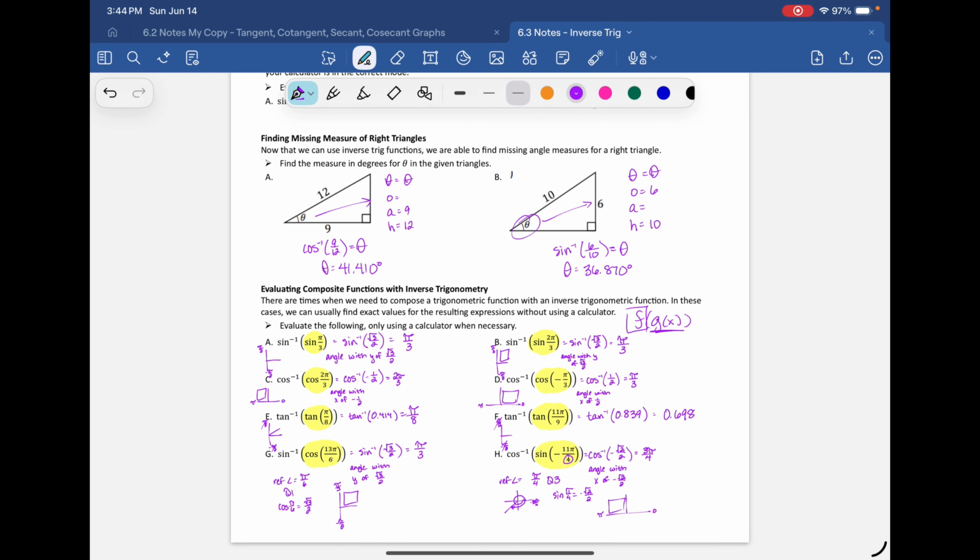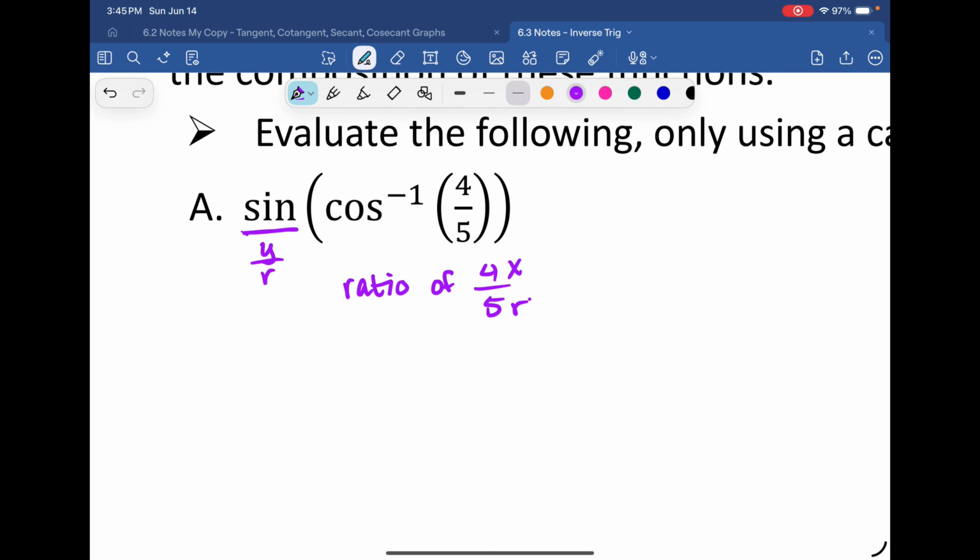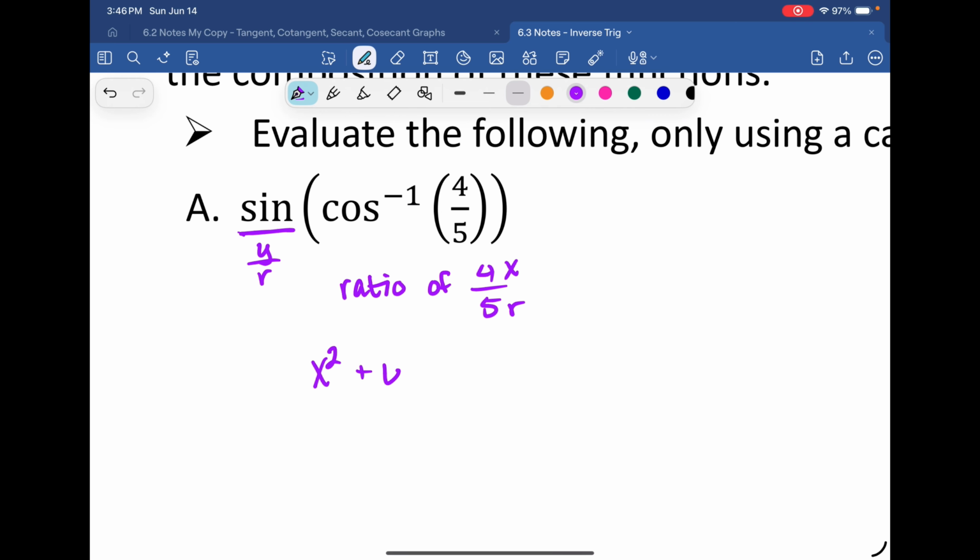Well, I need sine. Sine is y over radius. I already know what the radius is. It's 5. So what do I need to find sine? I need the y. I'll use Pythagorean theorem: x squared plus y squared equals radius squared.